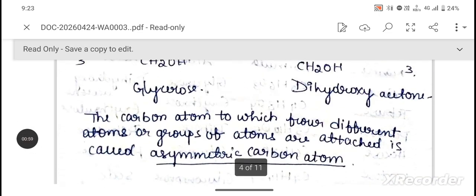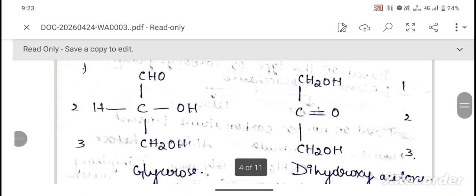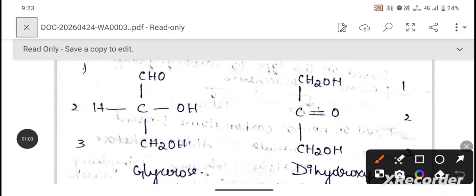If you look at the structure of glycerose, this is the central carbon atom. If you observe the groups around the carbon atom in glycerose, you can see 4 different groups arranged.